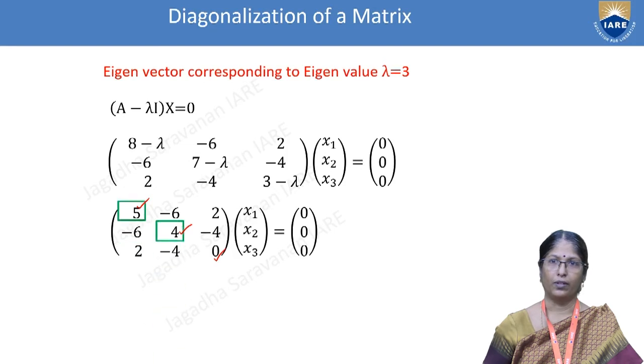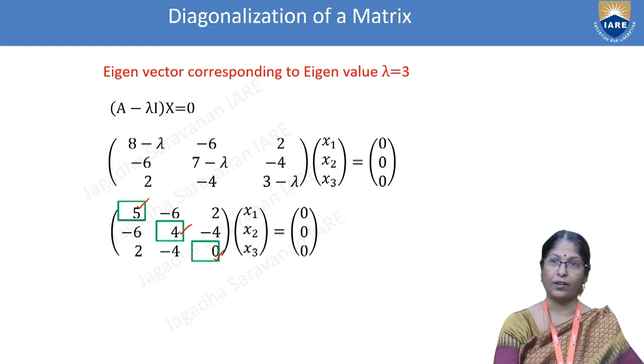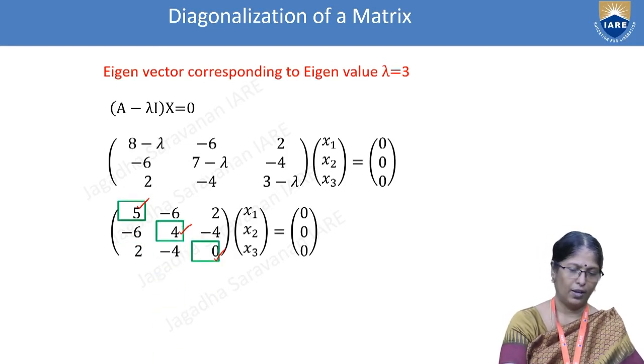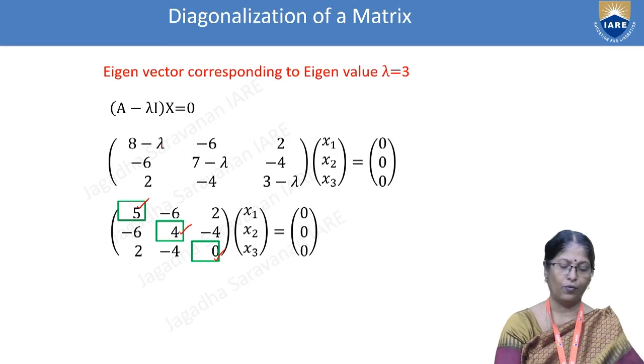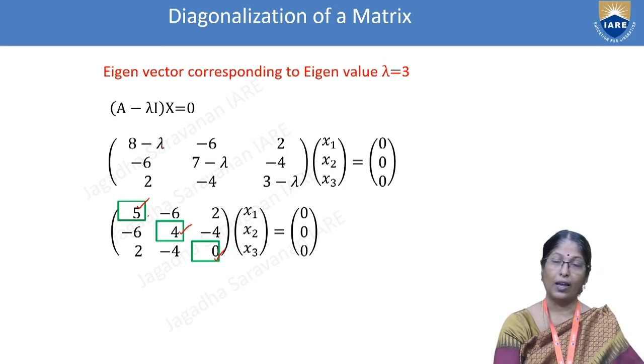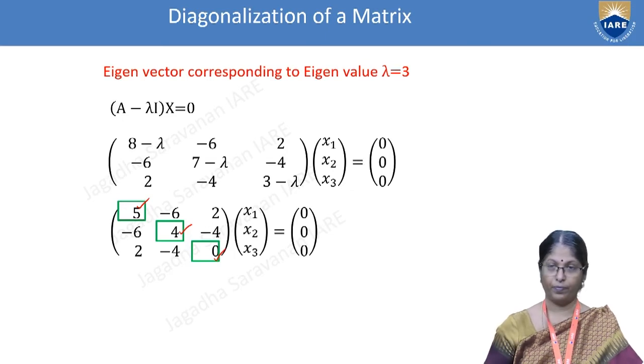You can see, the green color rectangled ones are the values after substituting the value of lambda in its place: we got 5, 4, 0. These elements lie on the principal diagonal.